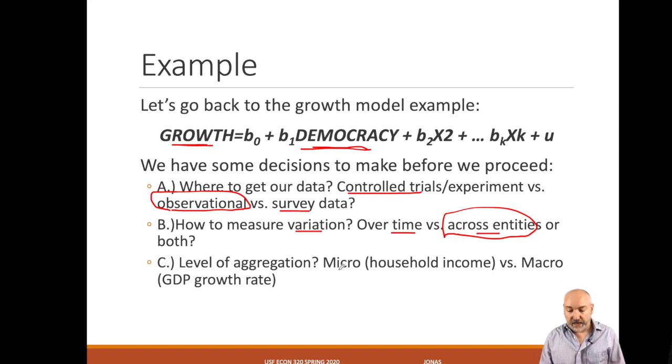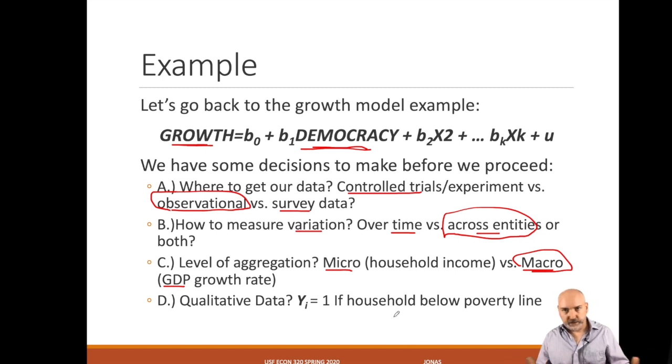What about the level of aggregation? Would it make more sense to look at poverty and growth at the micro level or at the macro level? You could do it either way. If we were going to do this at the macro level, right, we'd probably look at just GDP growth rates country by country by country. So our data set would be organized at the macro level cross-sectionally.